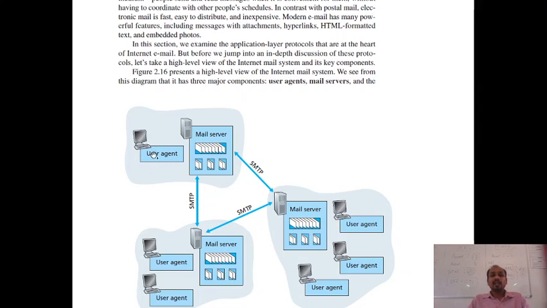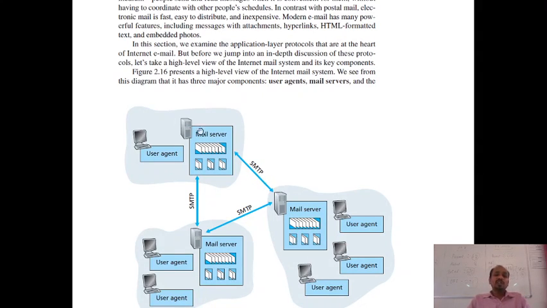When I type a mail, that mail will be stored in this server, which we call the mail server. Now the message stored here should be transferred to another mail server of the user agent. So this mail server uses a protocol called SMTP, Simple Mail Transfer Protocol.